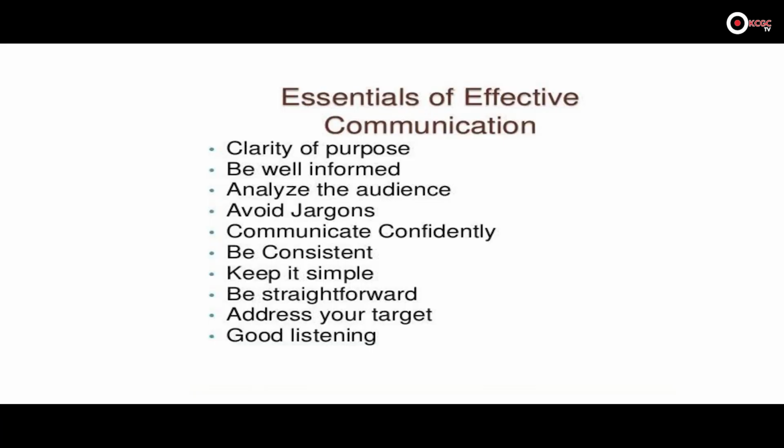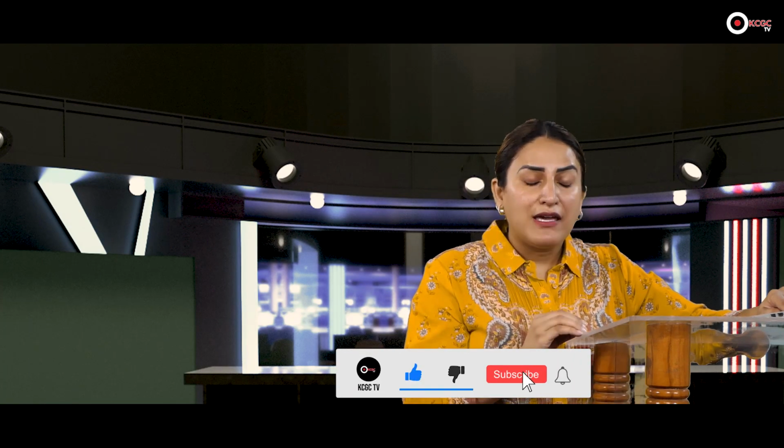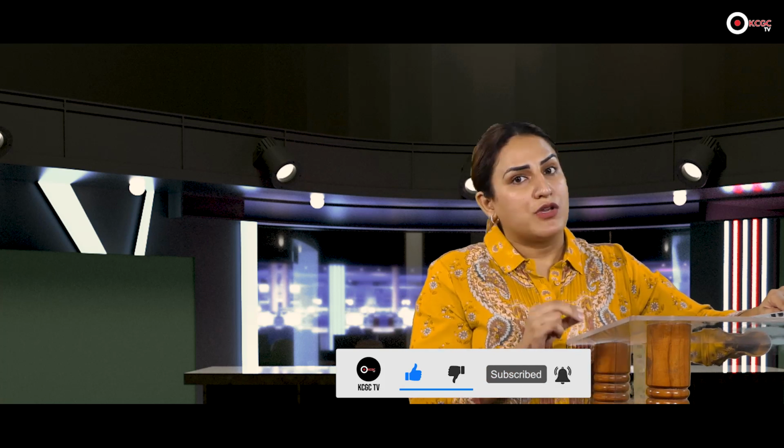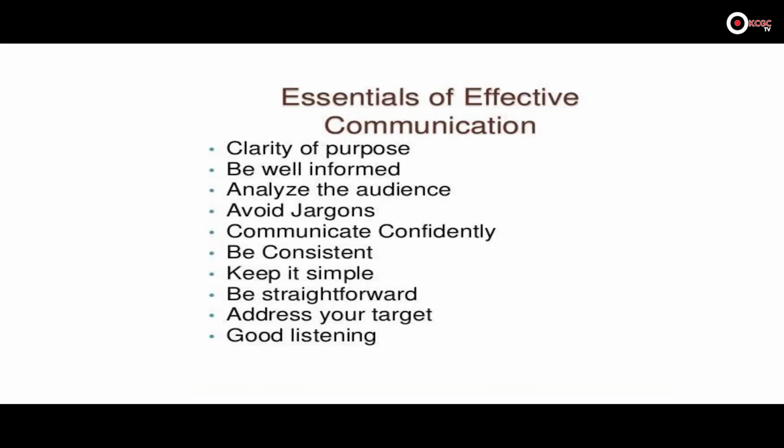Stay very focused, stay very calm, and stay very clear about what you're going to talk. Then be straightforward. Be straightforward means you have to talk about the topic only. Here we are talking about formal classroom communication. We are not talking about the informal side, so I'm skipping that. Then, address your target. Address your target means target whom you want to talk to.